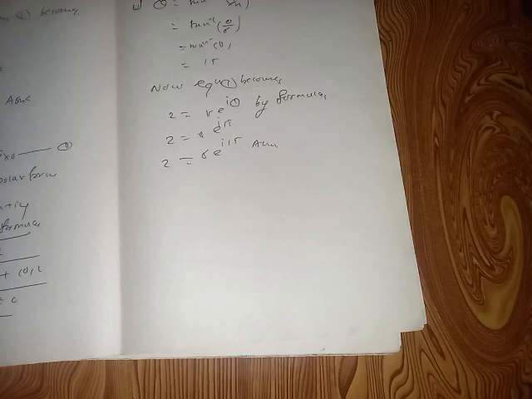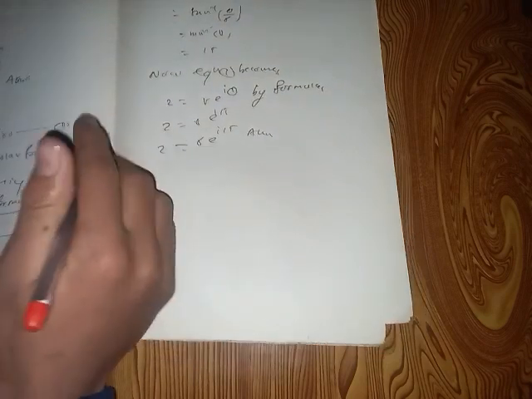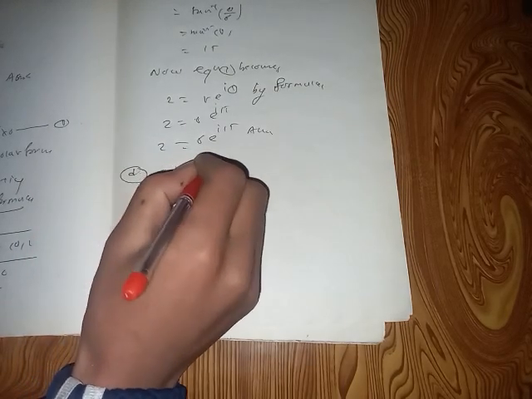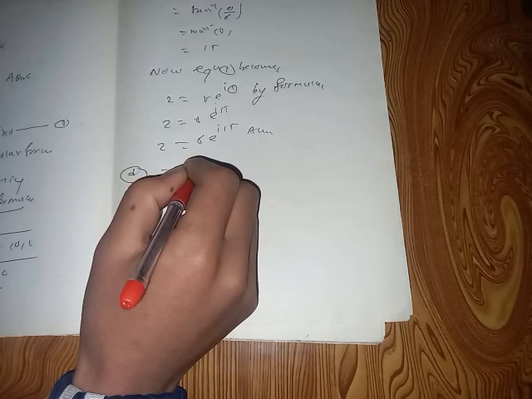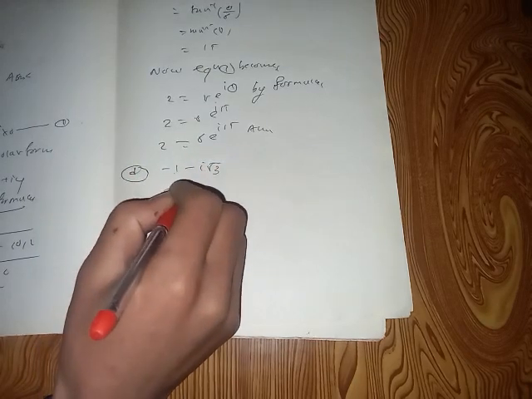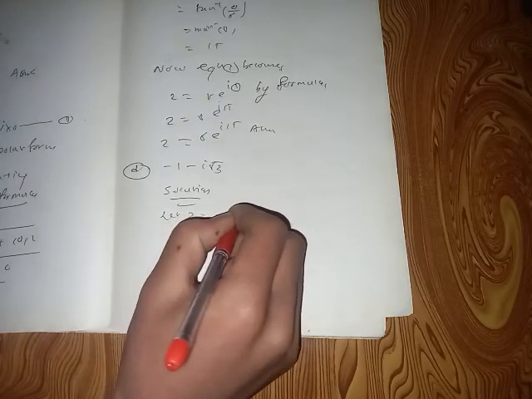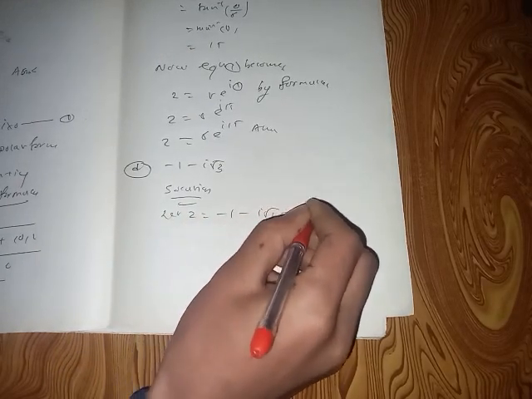Then the question number D: minus 1 minus i under root 3. Solution: let z is equal to minus 1 minus i under root 3, equation 1.